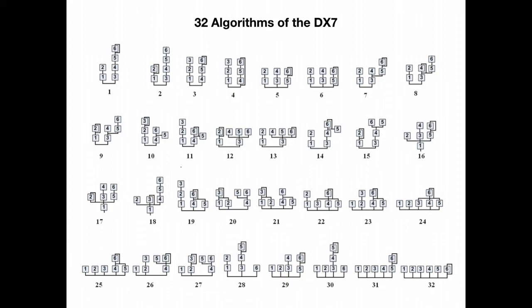So you can see, sometimes oscillators are fed into each other, but sometimes they're feeding back in different ways, feeding back with themselves. There's all kinds of routing matrices going on, and that's how they came up with all these sounds. So I'm going to just play the 32 different sounds of the DX7 in a row.